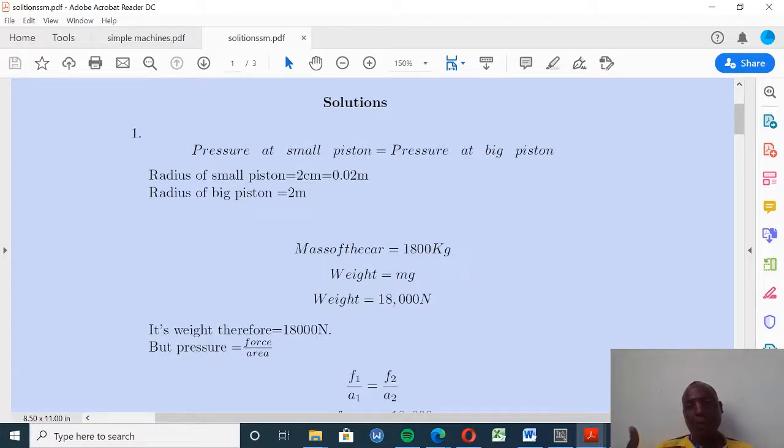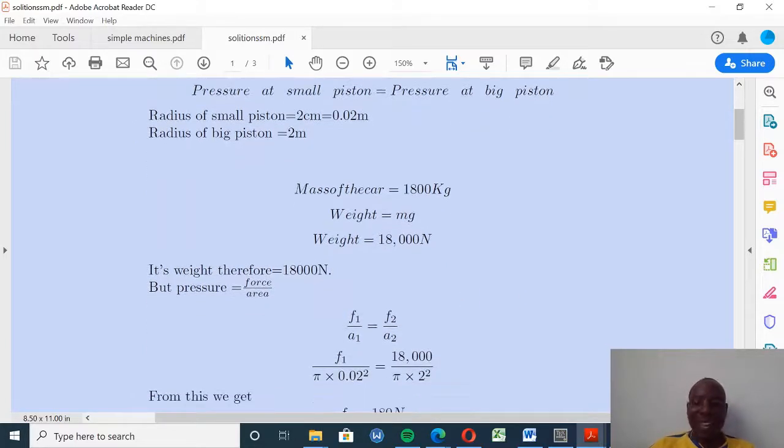Why? Because the weight of a body is given by the mass of the body times the acceleration due to gravity. If we multiply the mass given to us by the acceleration due to gravity, we get an answer of 18,000 newtons.